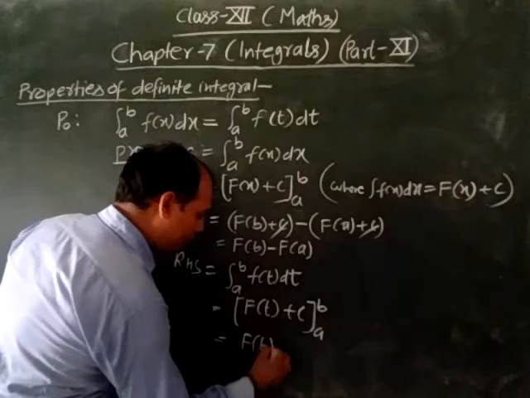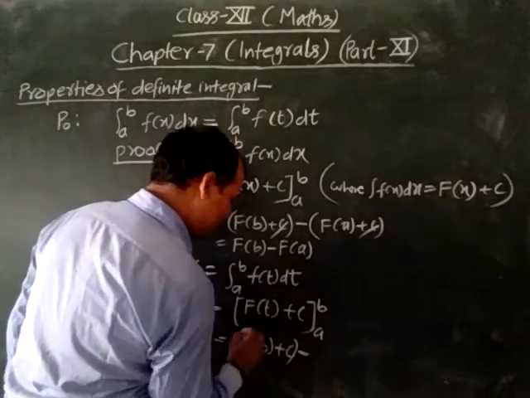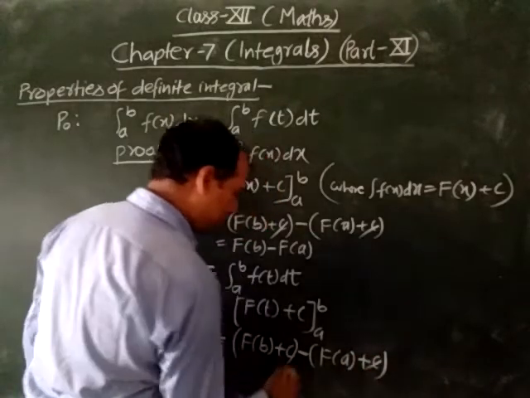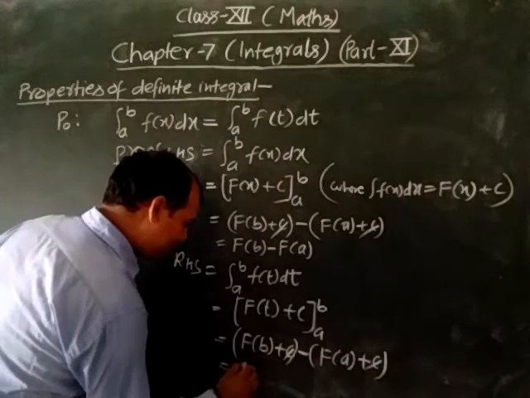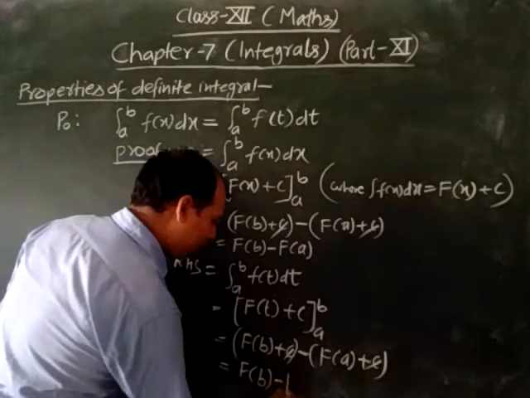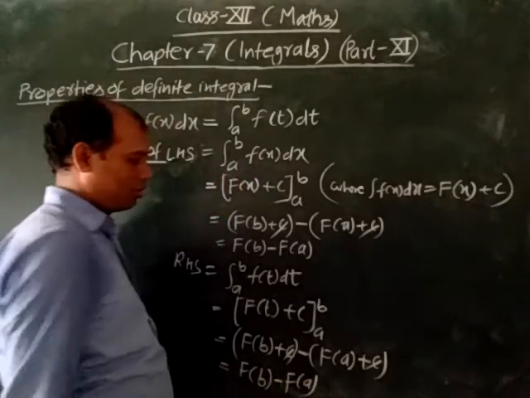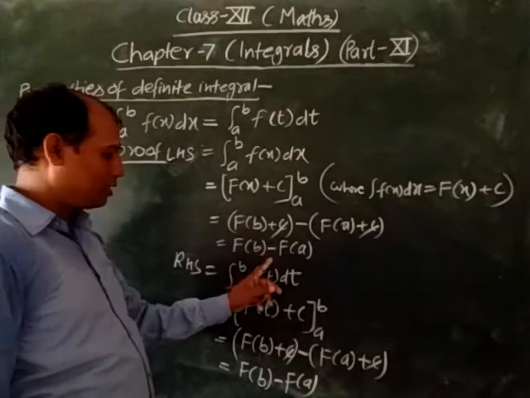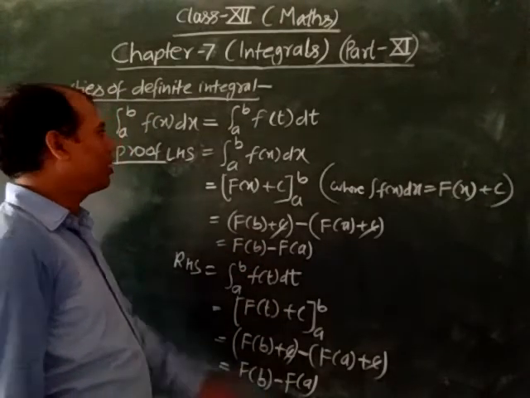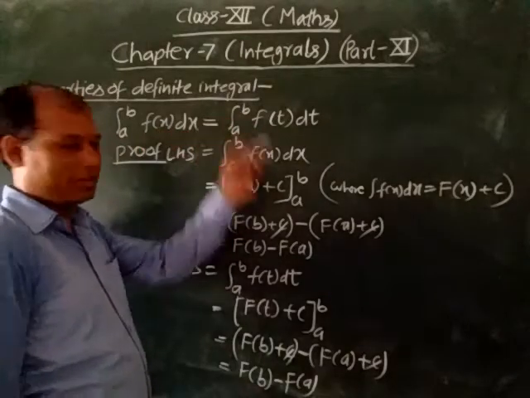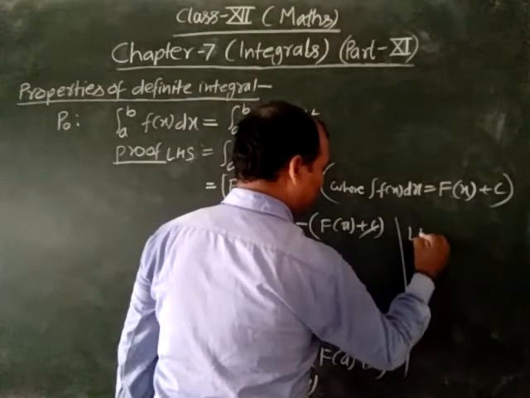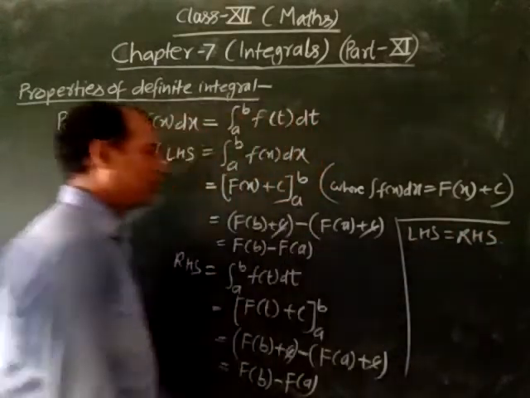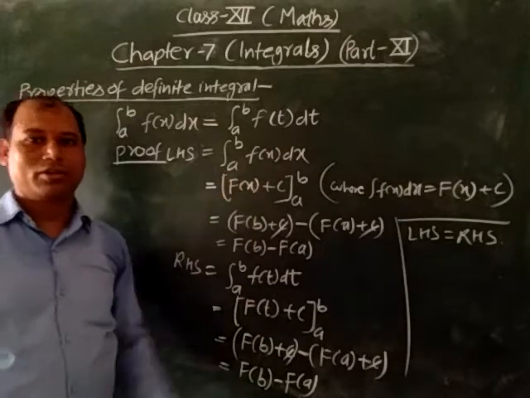Then this becomes F(b) plus c minus F(a) plus c. C is cancelled out with c. This is equal to F(b) minus F(a). The value of RHS and the value of LHS are the same. Hence, LHS equal to RHS. This is the proof for this property.